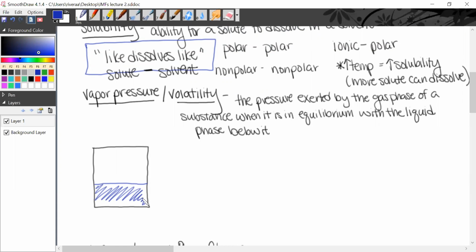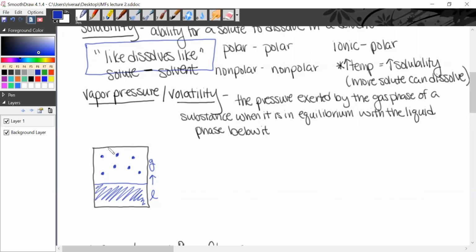What's going to happen here is some of these water particles that are at the surface are going to naturally escape and fill this void as water molecules in the gas phase. So you're going to have some liquid water turning into water vapor.